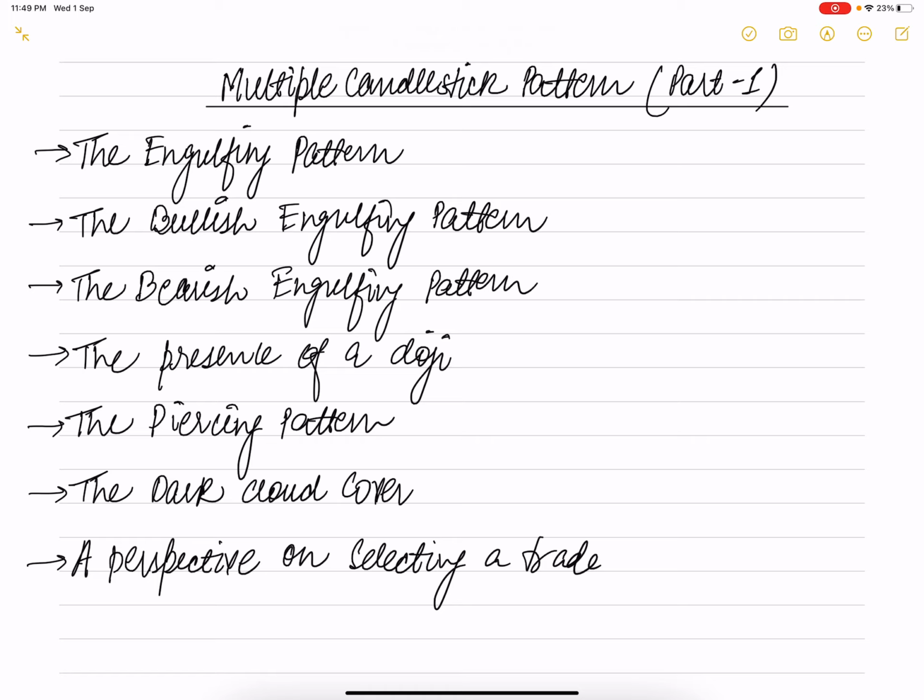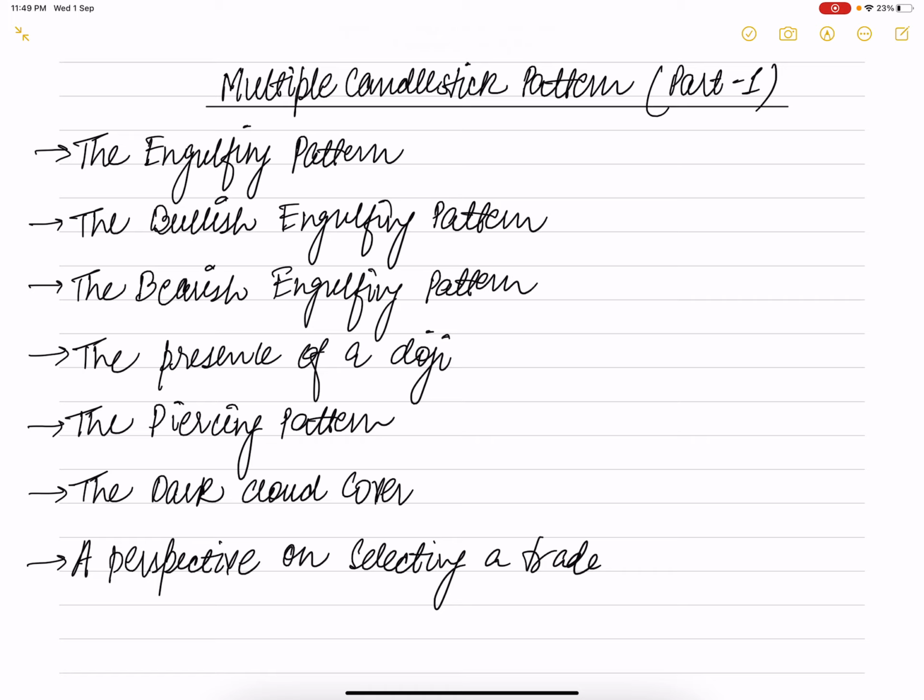So the key takeaways from this chapter are that multiple candlestick patterns evolve over 2 or more trading days. The bullish engulfing pattern evolves over 2 trading days. It appears at the bottom end of the downtrend. Day 1 is called P1 and day 2 is called P2. In the bullish engulfing pattern, P1 is a red candle and P2 is a blue candle.